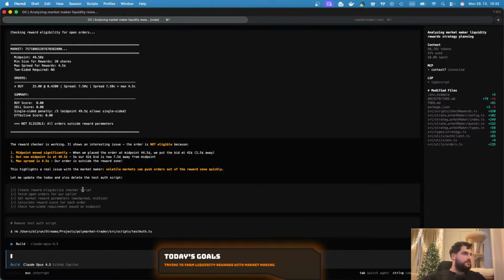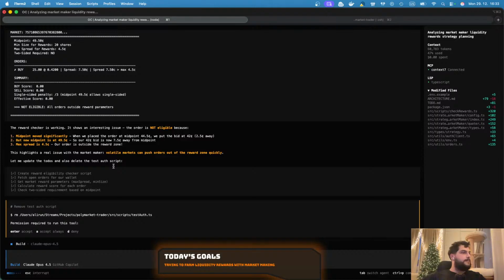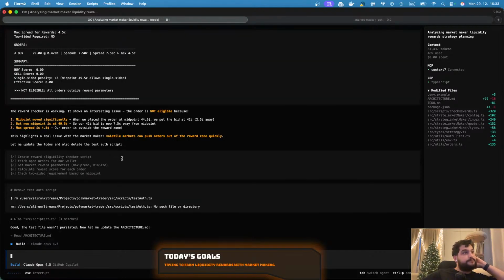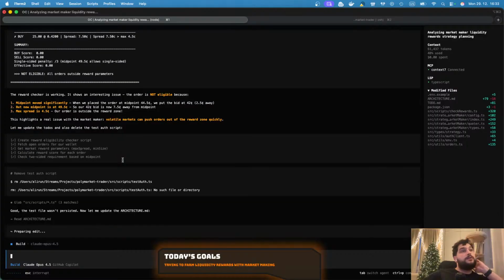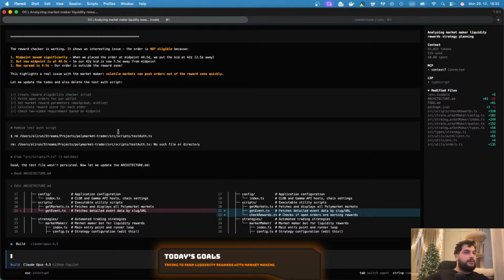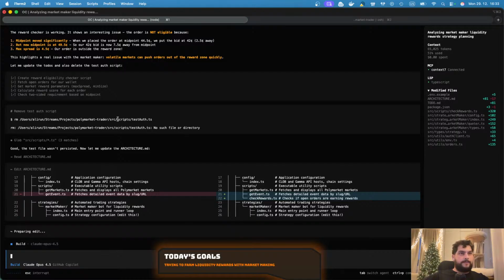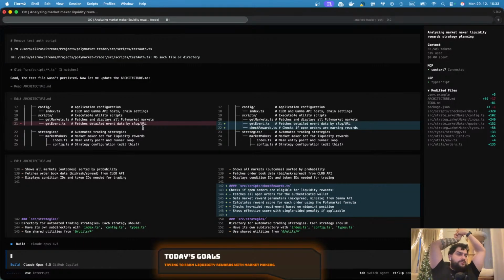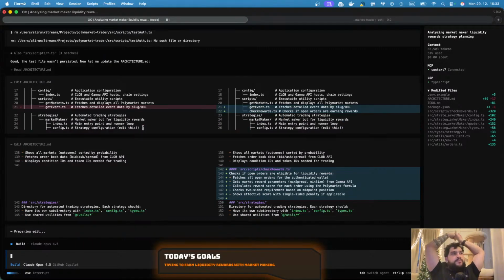The order is not eligible because the mid moved significantly when we placed the order. So we need to have many triggers in our system. I guess we need to react whenever our order was picked up, and also probably we need to react faster on the mid price change.